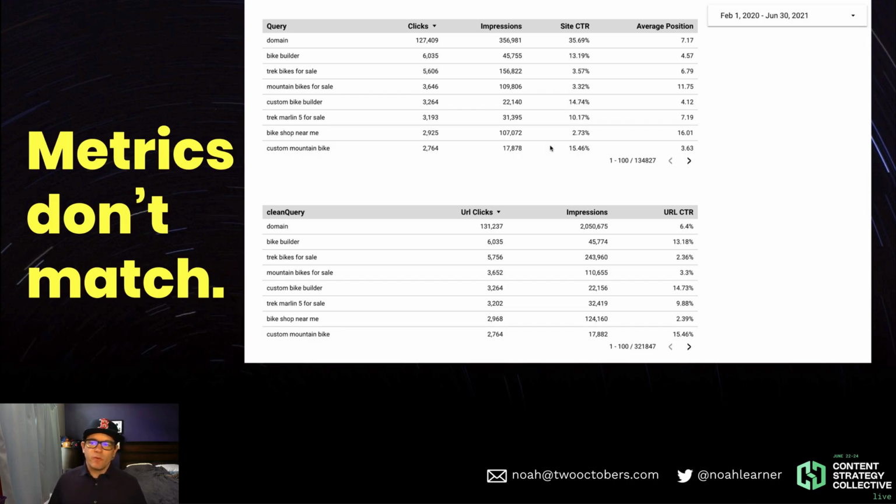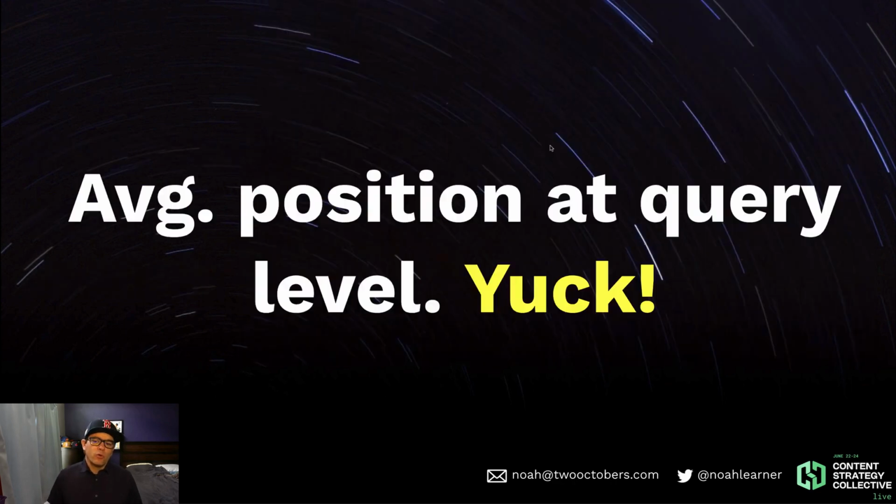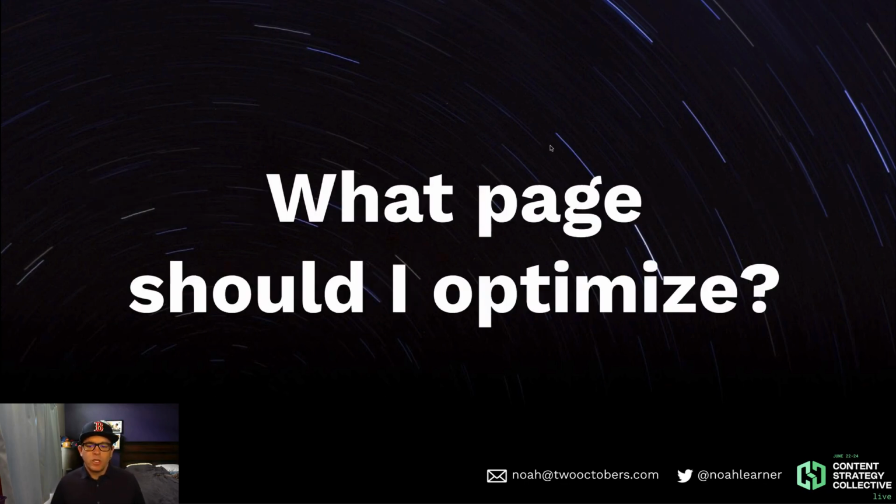These are both coming from the same time frames. You'll see that we've got the same queries in both of these different tools, but the click volumes don't match, the impression volumes don't match, click-through rate doesn't match. Average position is only available in the site connector.